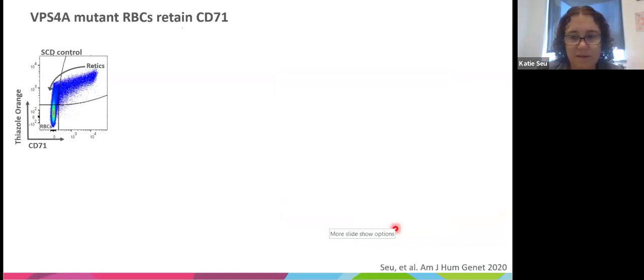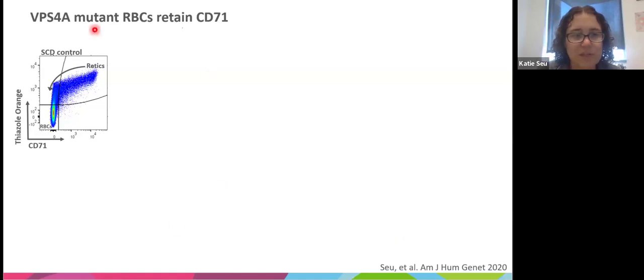So one other part of this was because of the role of VPS4 in endolysosomal trafficking, we were interested in evaluating the behavior of CD71, which is the transferrin receptor, and the reticulocyte maturation, because this is thought to occur through this similar pathway.